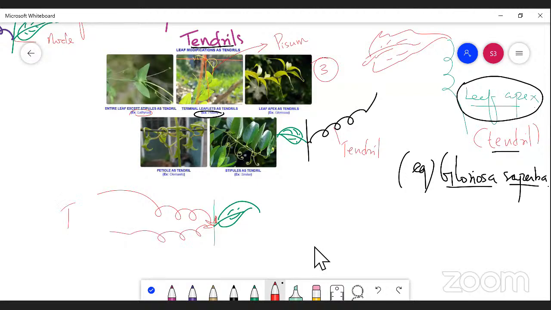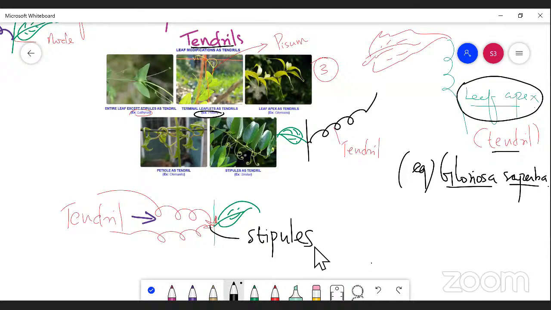My dear student, I am drawing the tendril. These tendrils originate from the stipule. Please understand, they are stipules. The stipules are a pair of leafy-like structures that arise from the axis of the leaf, modified into a coil-like structure, that is, stipules modified into tendrils.